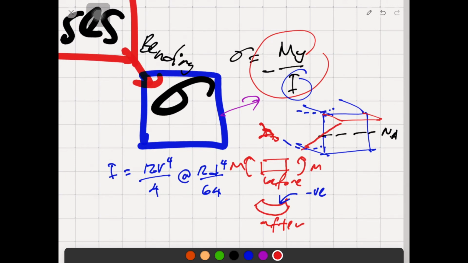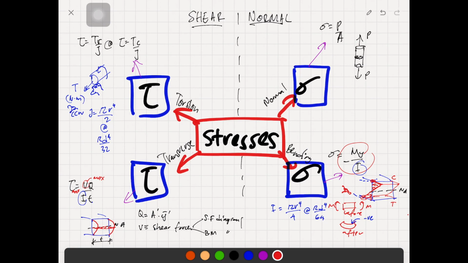What does it mean by outer fiber? It is this location over here. The maximum means the highest value, one in compression, the upper part is in compression, and the bottom part is in tension, and that is where the concept of bending stress gives the shape of the stress profile, which is opposite to this transverse shear.